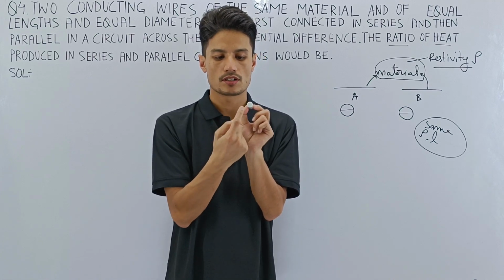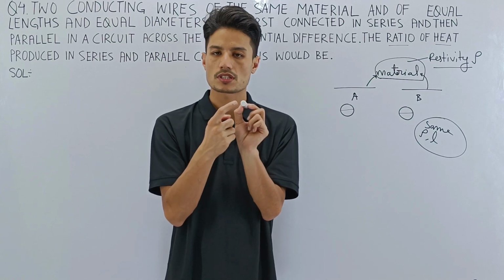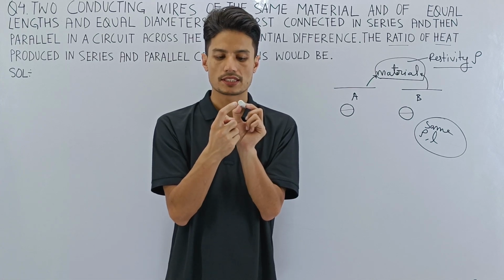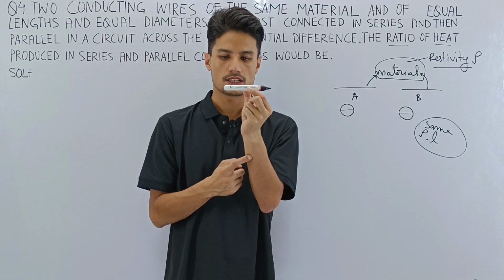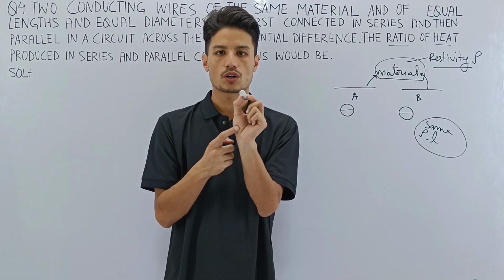From here till here is the diameter, which is also known as cross section, which is also known as thickness. So right now you are looking at the thickness of the marker. If I do like this, you're looking at the length. If I do like this, you can see the thickness, also known as the cross section.